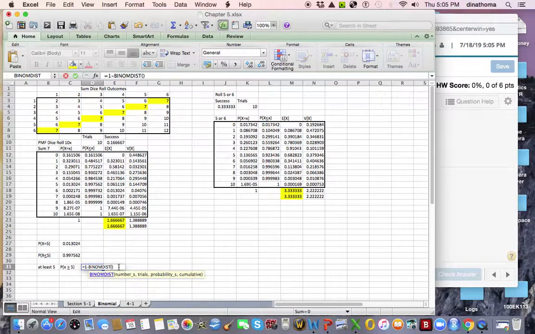So I put in 4, comma, 10, comma, the probability, comma, 1. And there is the probability of at least 4. I'm sorry, at least 5. Sorry.